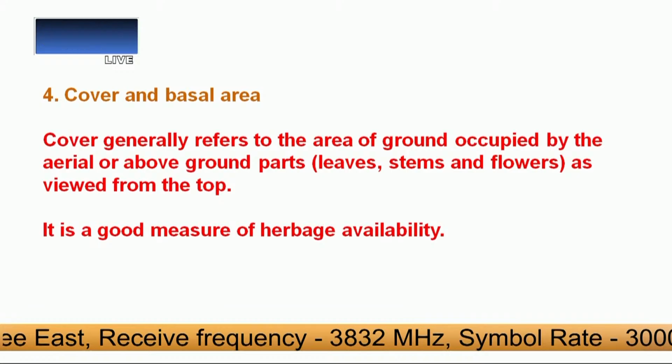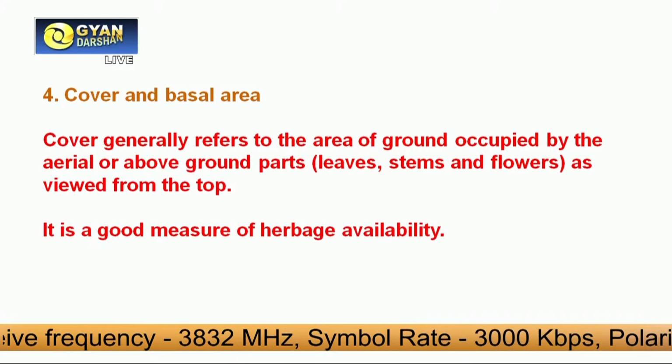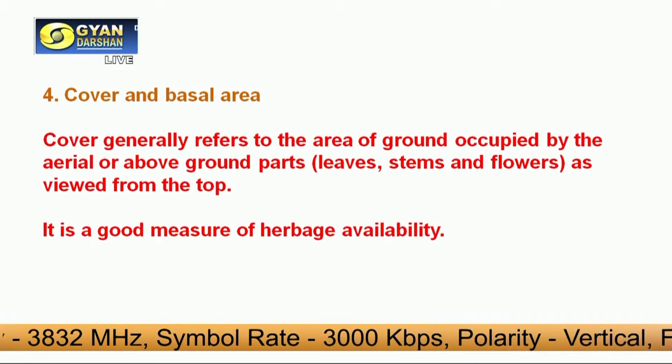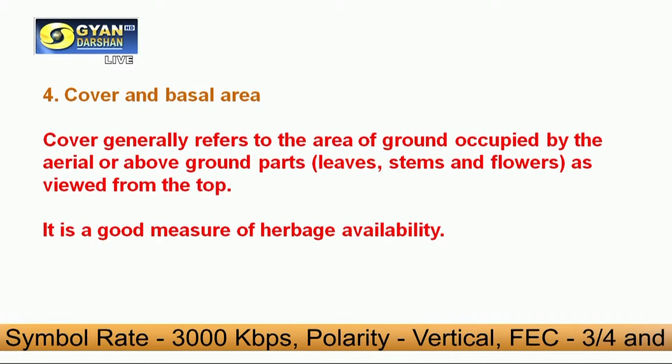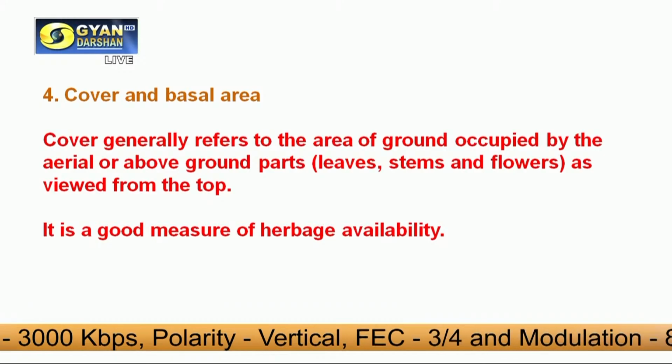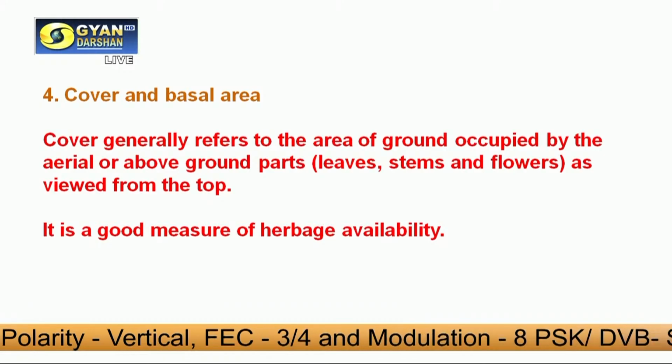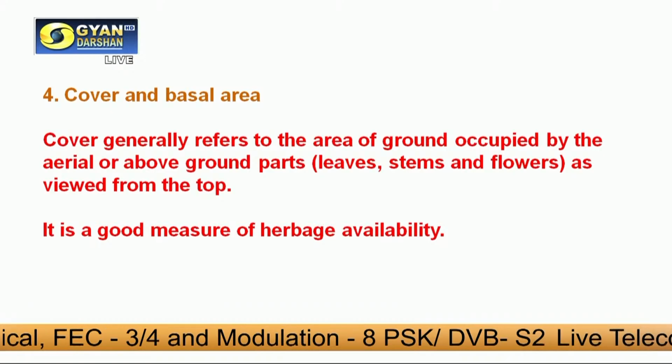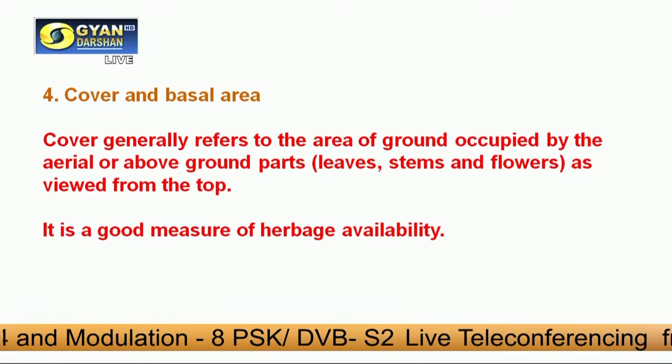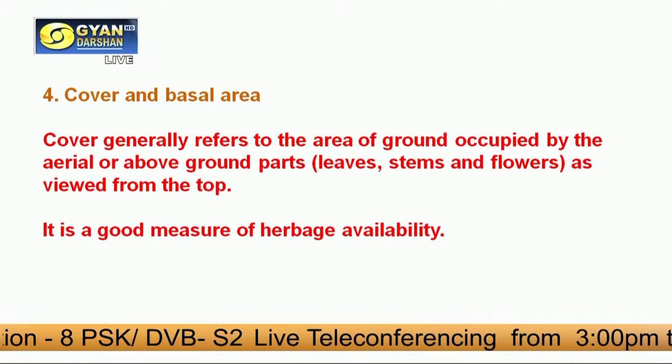Next we come to cover and basal area. What is cover? It refers to the area of ground occupied by the aerial or above ground parts. What are aerial parts? Leaves, stems, flowers, these are all above ground parts. That is, leaving the roots, the other parts which are above the ground.